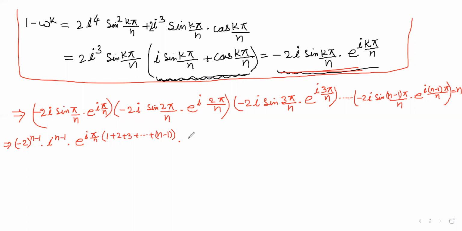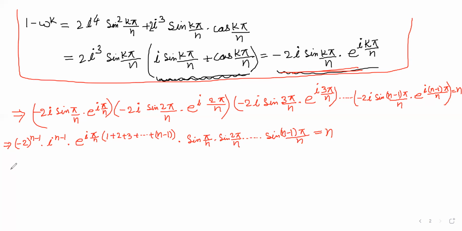And then what we will get, that we require sine pi by n into sine 2 pi by n into dot dot dot into sine n minus 1 times pi by n, right? And this quantity is equals to n. Okay.